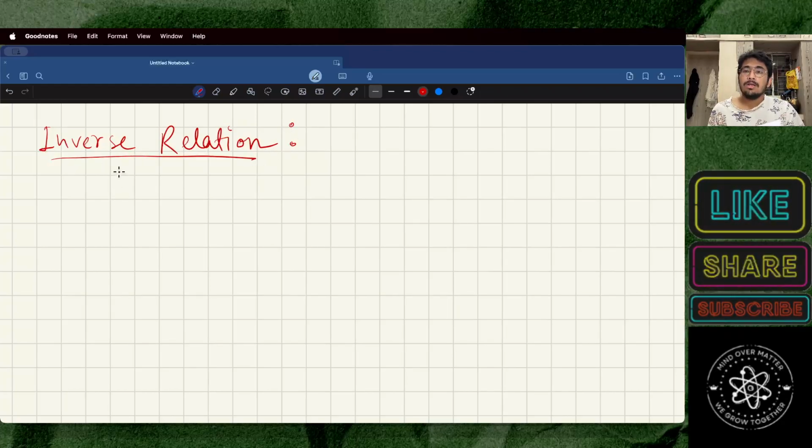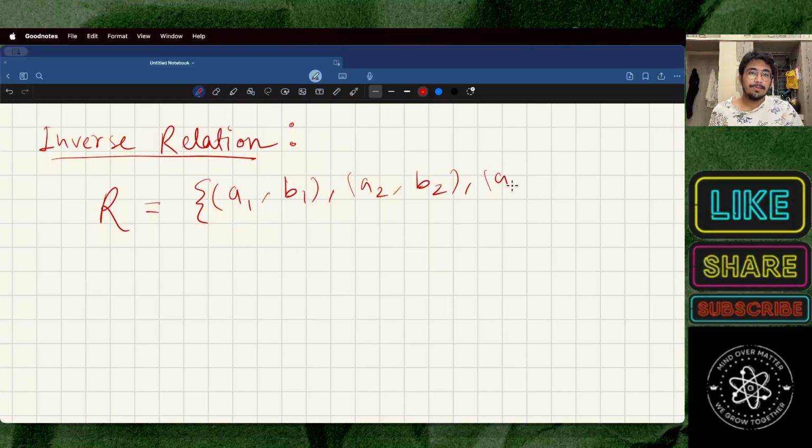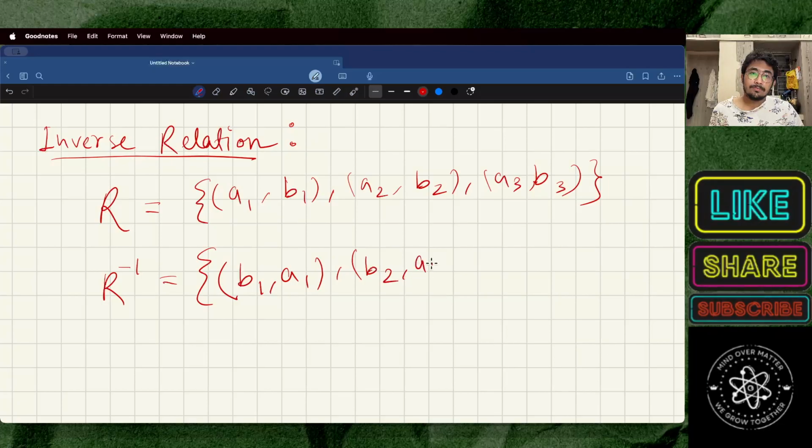If R is a relation, suppose a1 b1, a2 b2, and a3 b3, then R inverse will be the relation with the elements of each tuple interchanged: b1 a1, b2 a2, and b3 a3. So yeah, this is the inverse relation.